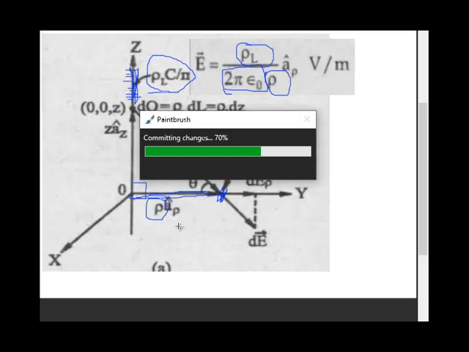If you consider this much length as unit length, then if you add all the charges present on the unit length, the total of that will be rho L. Rho L is the line charge density, meaning the total charge present on unit length of the line charge.